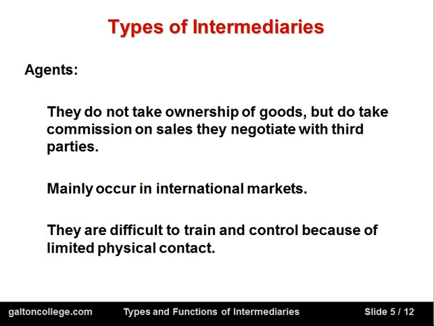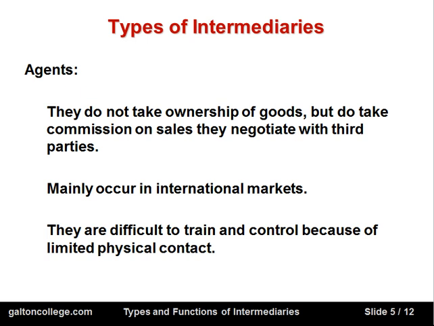Now, the types of intermediaries, well, agents are a good example. They do not take ownership of goods, but do take commission on sales they negotiate with third parties. So they don't own the goods, but they do take a commission for any sales. Now, these occur normally in international markets and normally for quite big contracts.